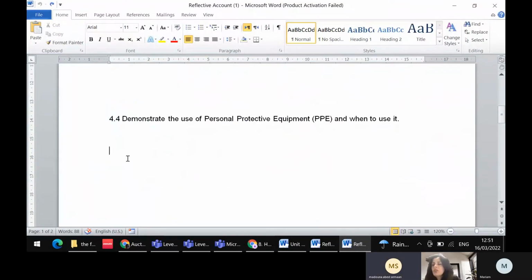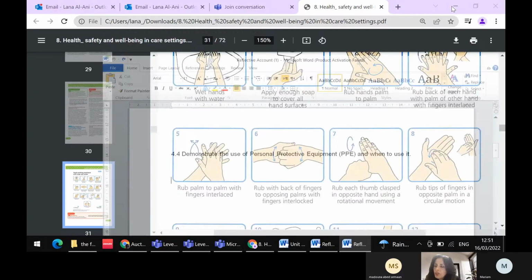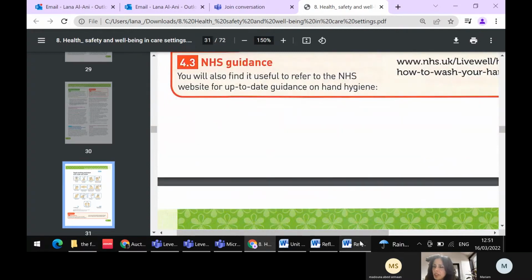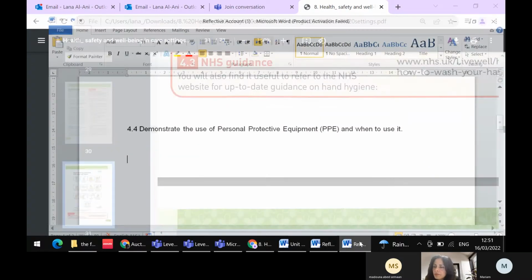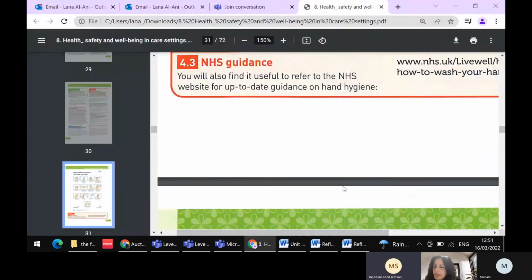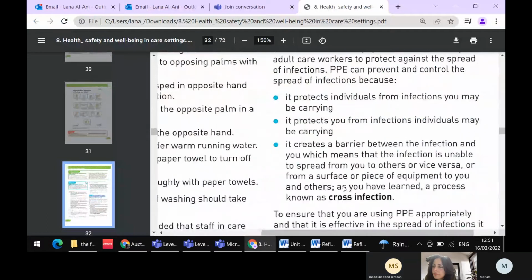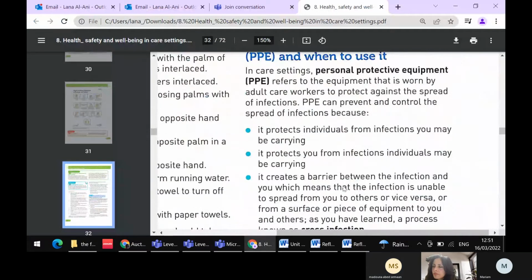Now demonstrate the use of personal protective equipment and when to use it. So if I go to 4.4, we all know what PPE is? Or do you want more explanation? What's the PPE? It is personal protective equipment.